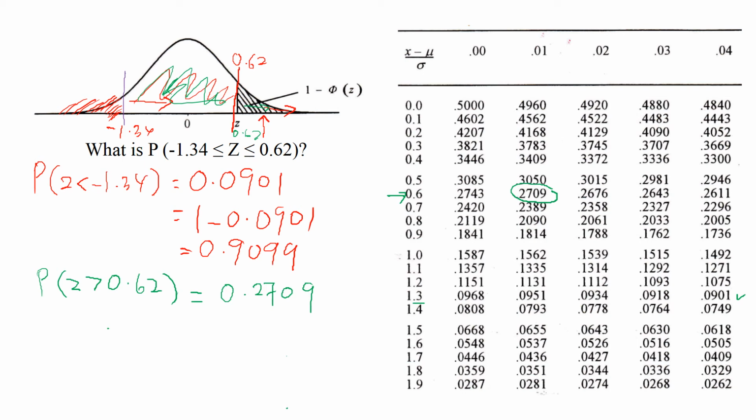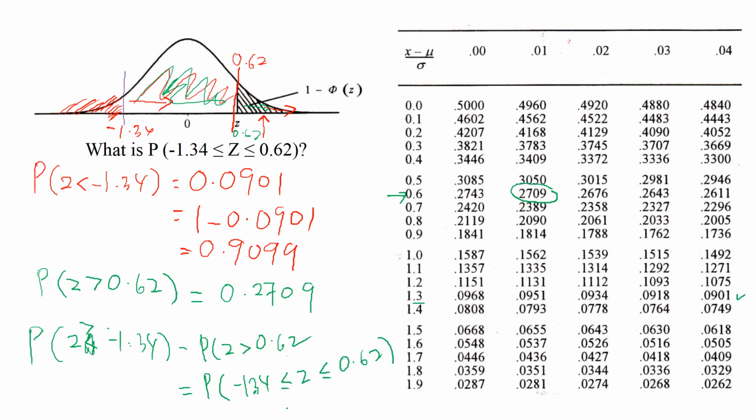So the probability of z more than negative 1.34, minus the probability of z more than 0.62, gives the probability of negative 1.34 less than or equal to z less than or equal to 0.62, which in this case is 0.9099 subtracted by 0.2709.